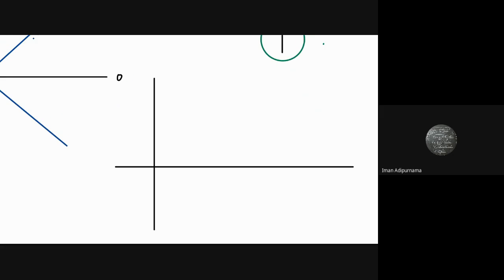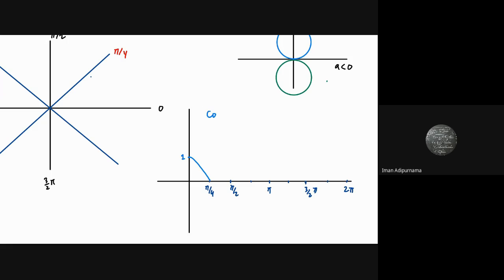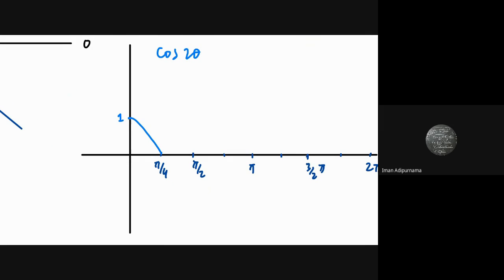a cosine graph. Right? And then we start from this is 1, going down, because it's cos 2 theta, right? So this is pi over 2 here, because 2 times pi over 4 is 0.